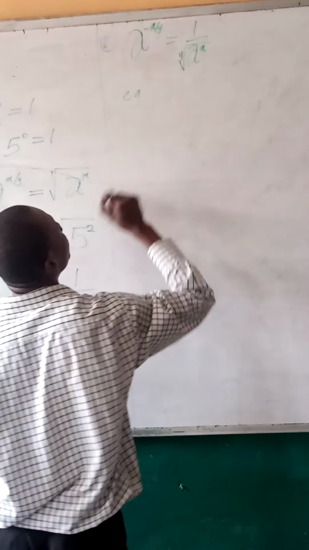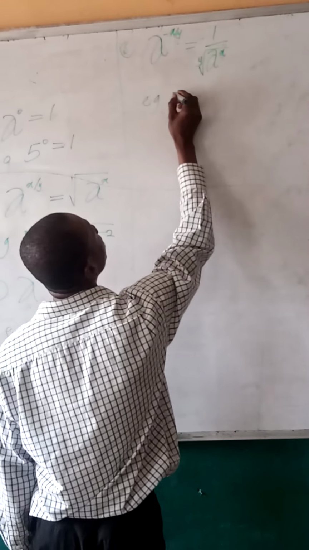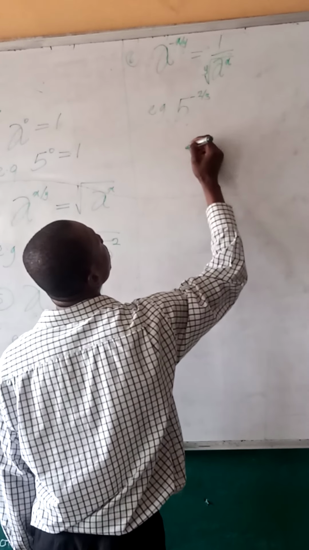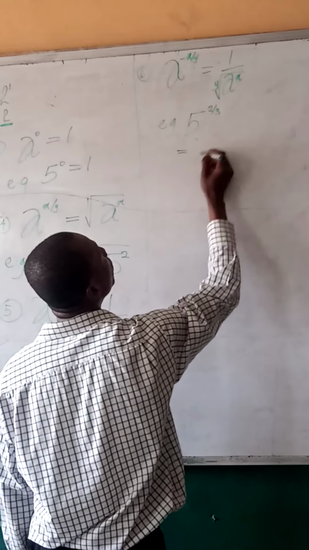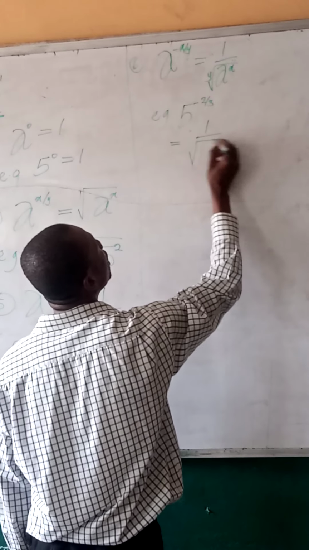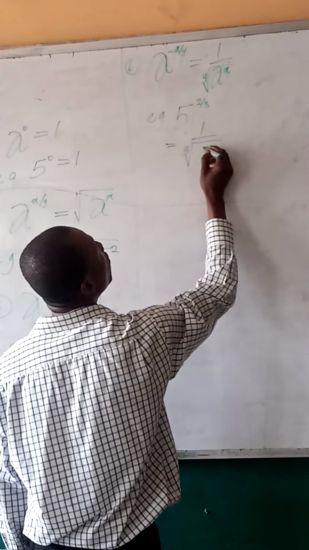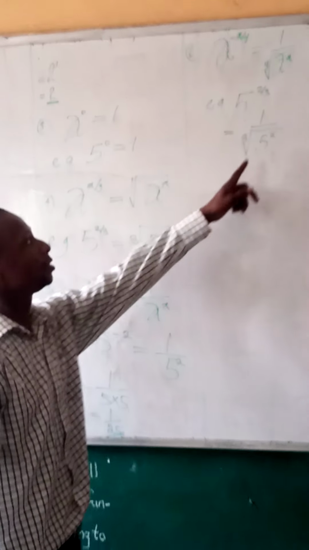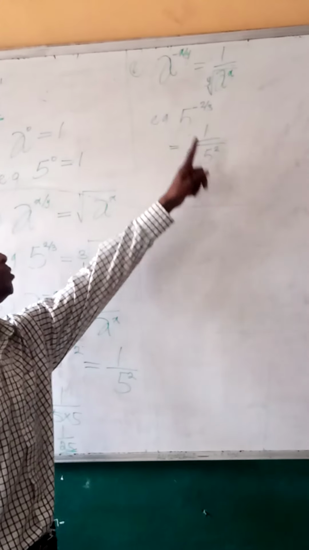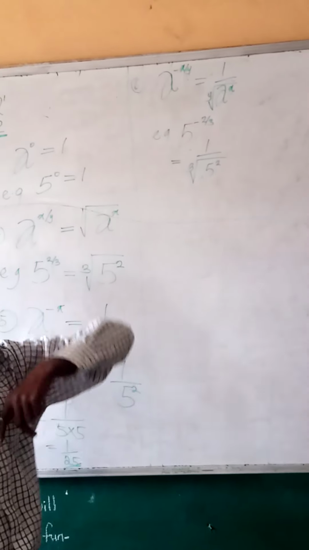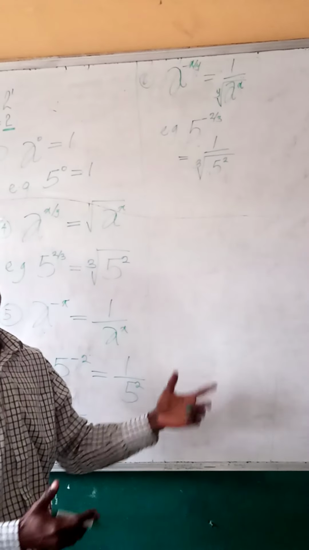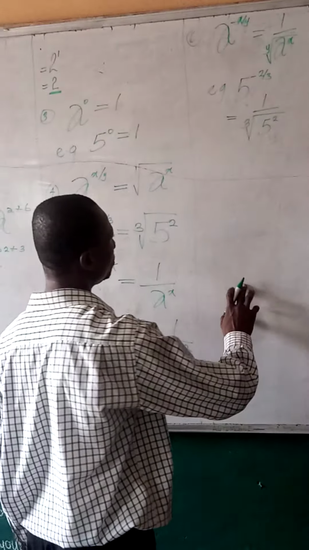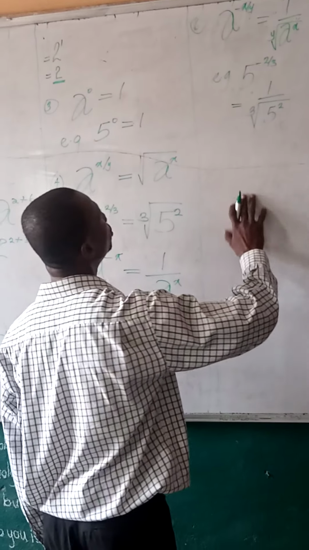E.g., if I have 5 raised to the power minus 2 over 3, that simply means I'll be having 1 over the cube root of 5 raised to the power of 2. And a question in this format can also be returned back to this. As we solve some other questions, we'll be seeing how this idea could be used.